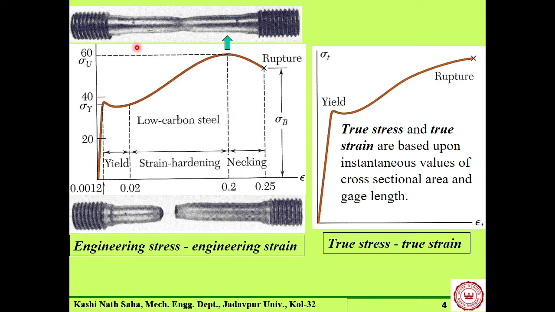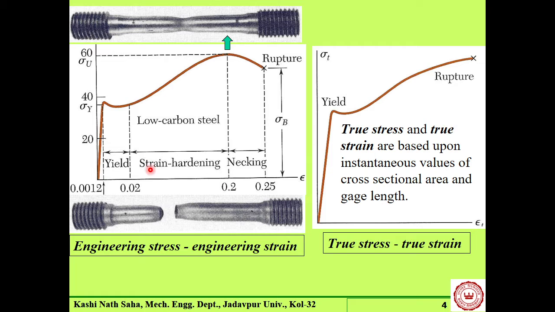That means taking the previous value as the original length, and then upon an increment of load, we find the change in length and calculate the strain at that point. If we go on adding this strain, we will get another strain value. What we get that way is known as true strain.